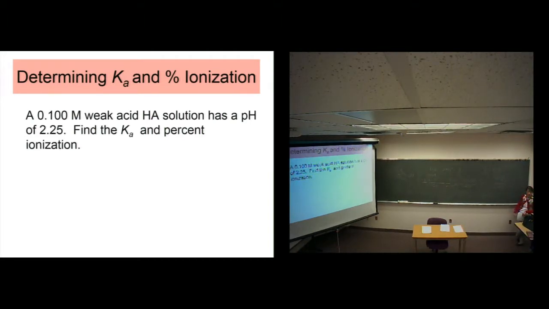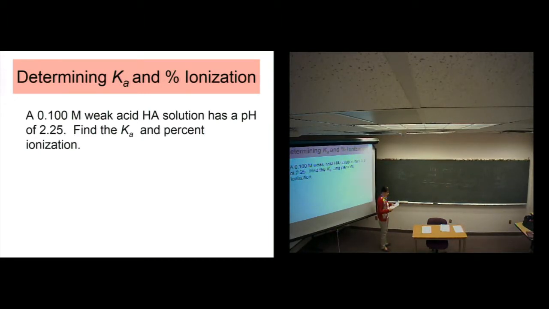So the equilibrium concentration, so that would be what? The 5.62 times 10 to the minus 3? So that is the concentration that goes here, right? It's the equilibrium concentration over the initial, which is 0.1, times 100.